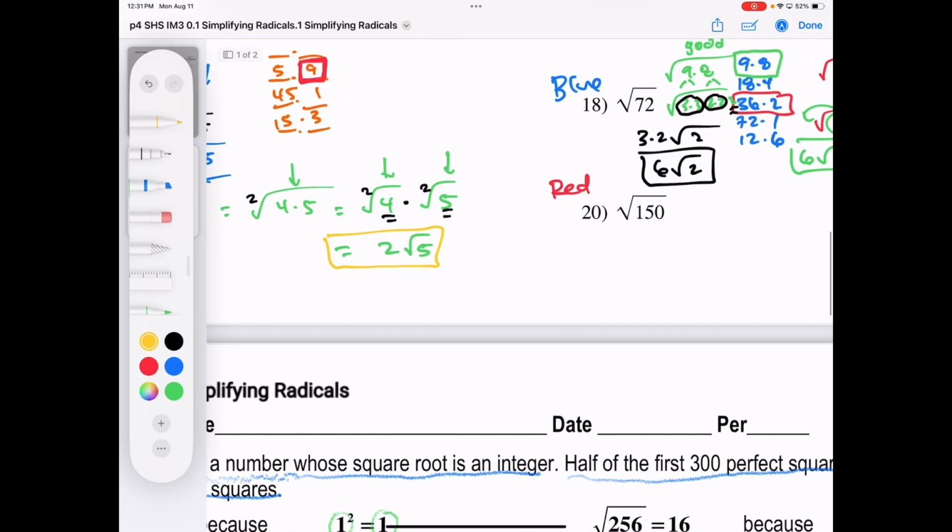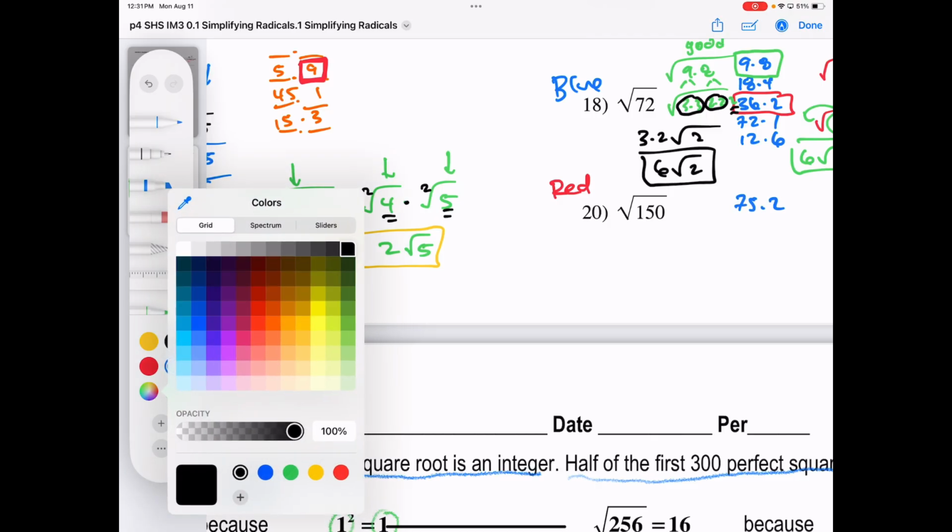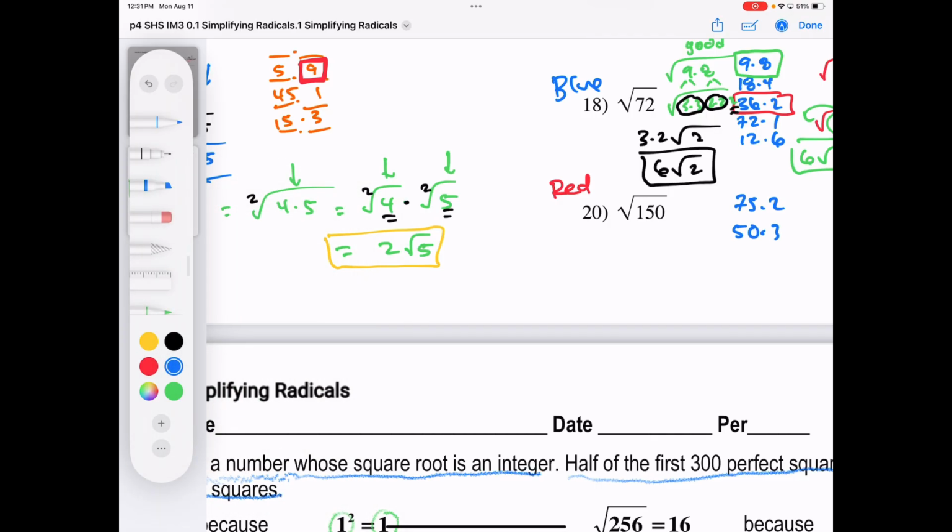And number 20. Red chairs, what are the factors? 75, 2. What else? 50 times 3. Say again? Yes. 15 times 10, yes. I want to tell you guys a strategy. I don't know if you guys saw my strategy.